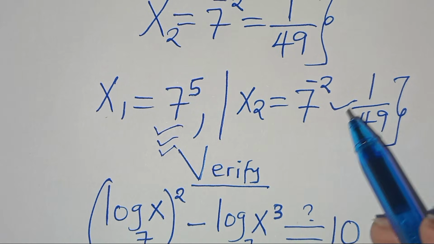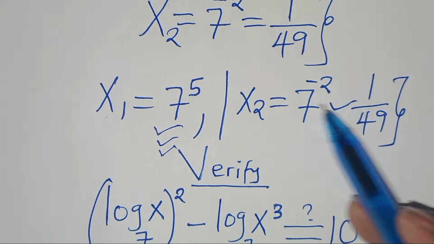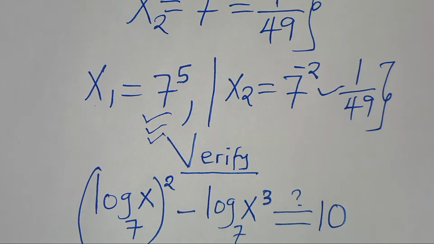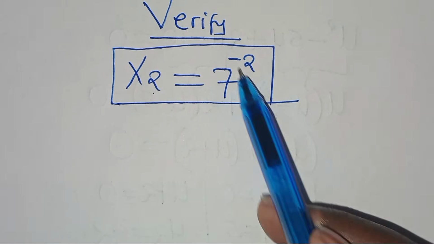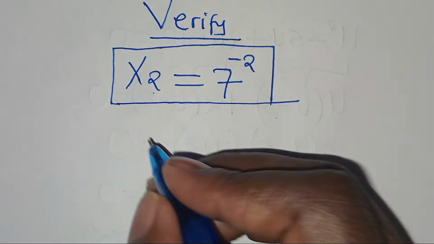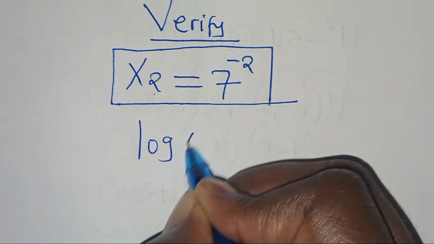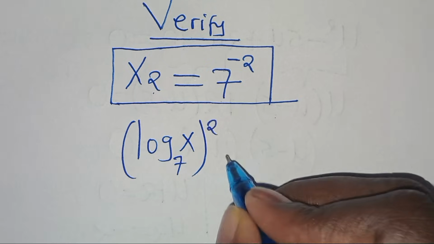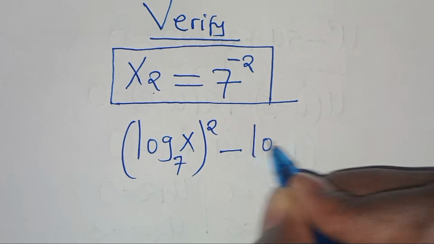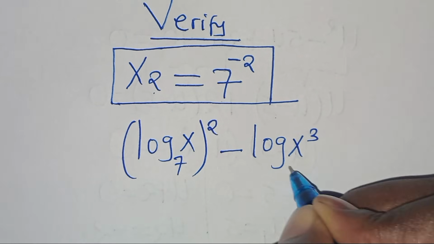Let's take x2, which is 7 to the power of minus 2. Now we have (log x to base 7) raised to the power of 2, then subtract log x to the power of 3 to base 7.